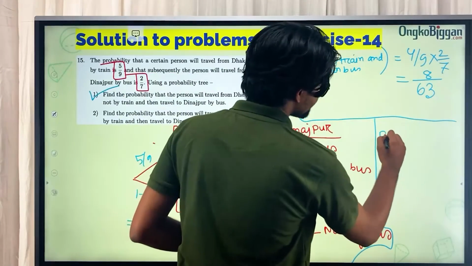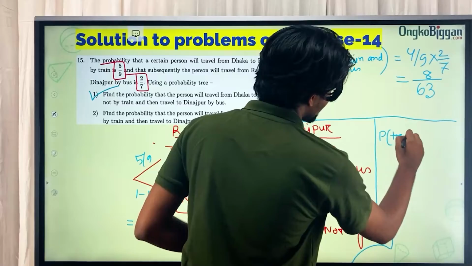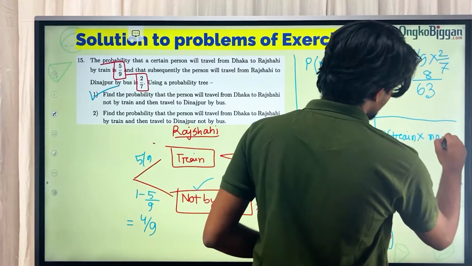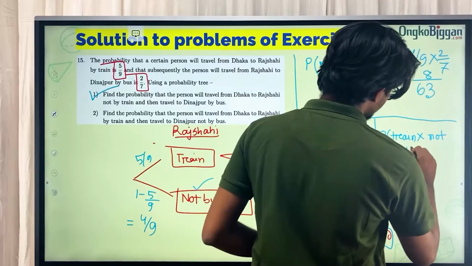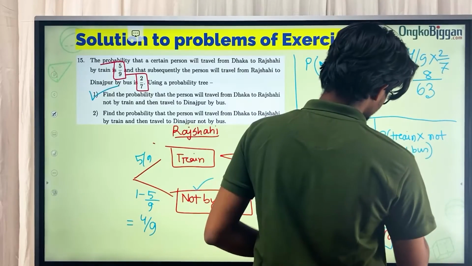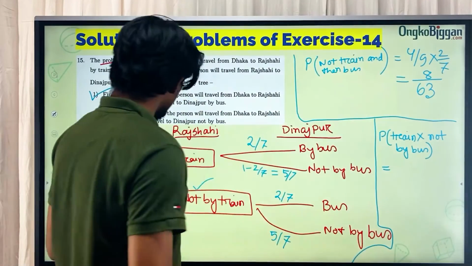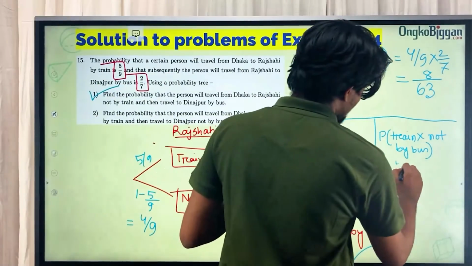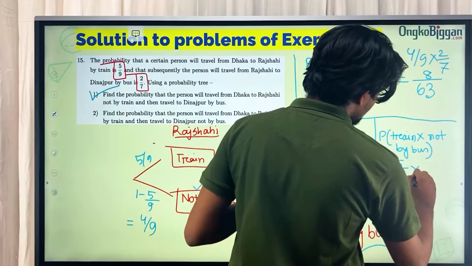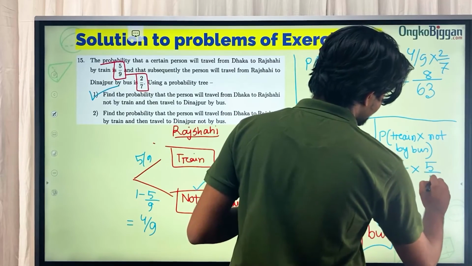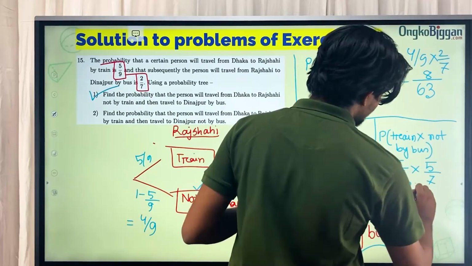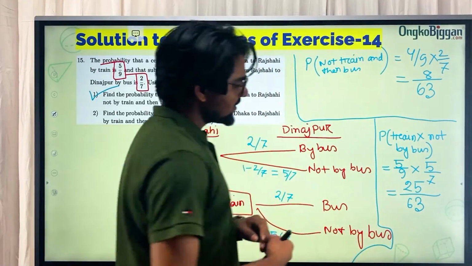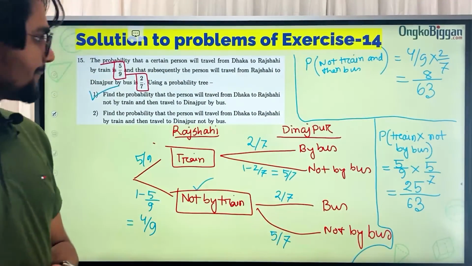So P, train into not by bus. So we get 5 by 9 into 5 by 7. So 25 on the top, and on the bottom we get 63. So 25 by 63 is the answer.